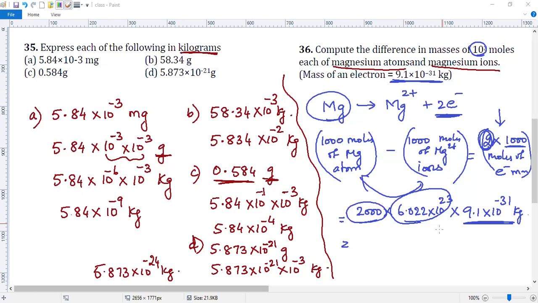Okay. So when you multiply, what will you get? The answer is 1.096 into 10 power minus 3 in kg. Or you can just write 1.096 grams, and that is also correct. Okay. So this is how you will present your answer. In the statement you have to present this answer. Please keep that in mind.